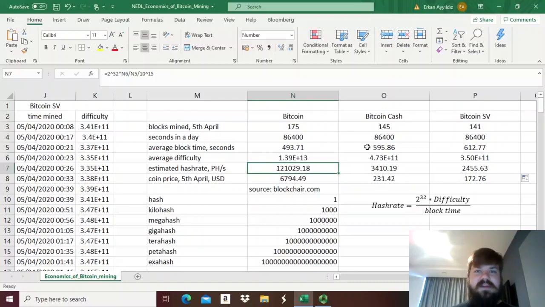All three use the cryptographic hash function called SHA-256. So you can use the same ASIC, so application-specific integrated circuit, a piece of hardware that is dedicated and is very good at solving a particular puzzle, to mine potentially on all three blockchains.